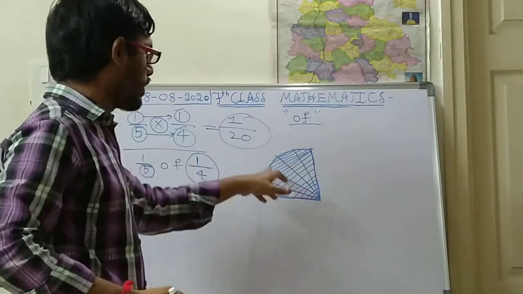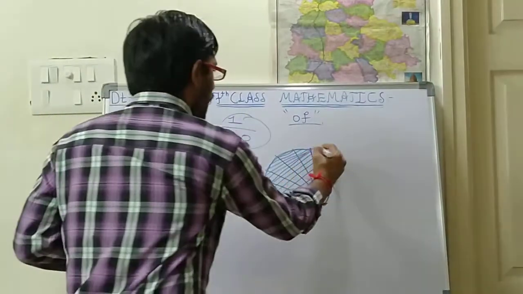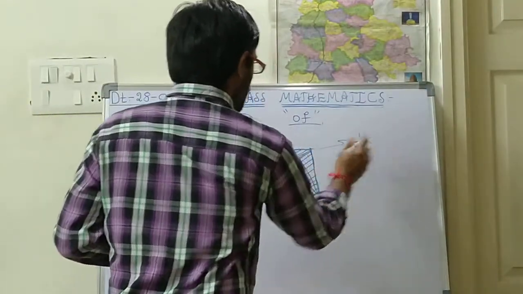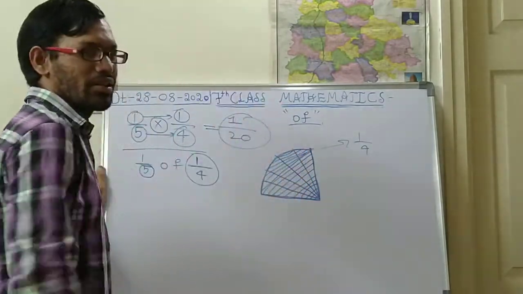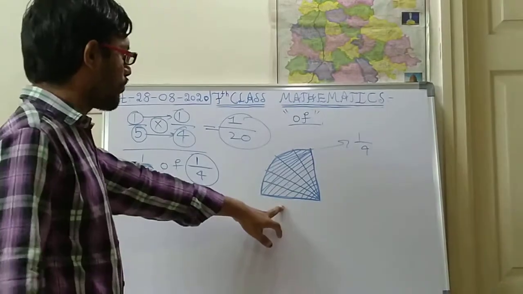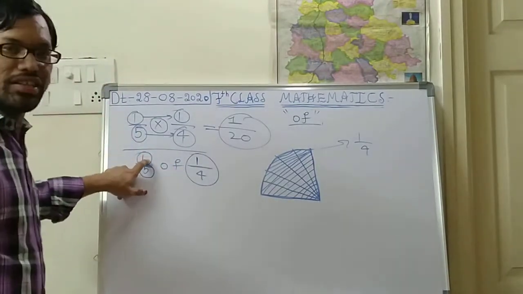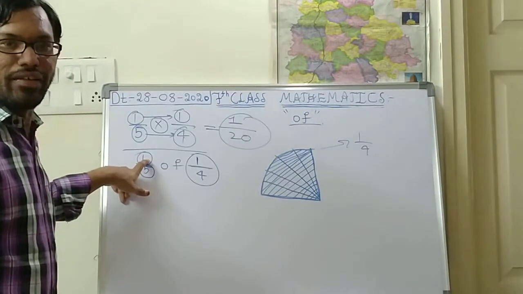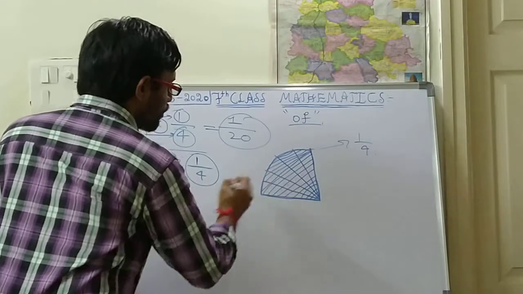So now I have made the 5 parts in the 1 by 4th part. This whole thing is a 1 by 4th part, and in this I have made 5 parts. So in these 5 parts, how many parts should I shade? The numerator is the number of parts to be shaded, that is 1. So 1 part I should shade. Which part will I shade? The bottom part I will shade.